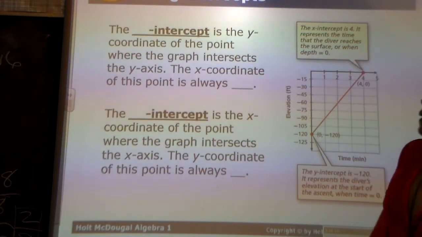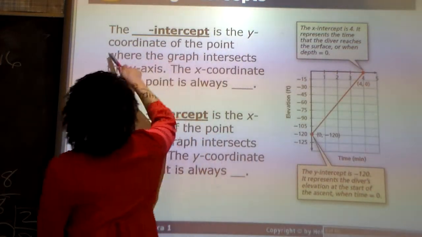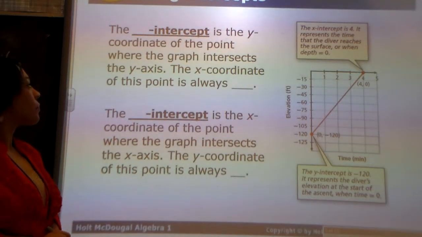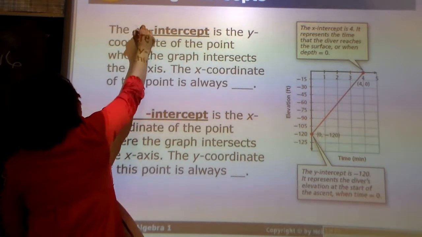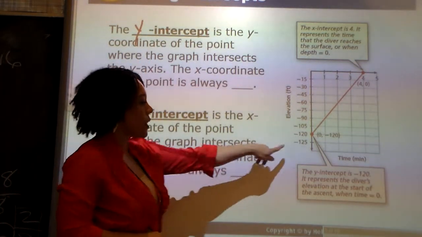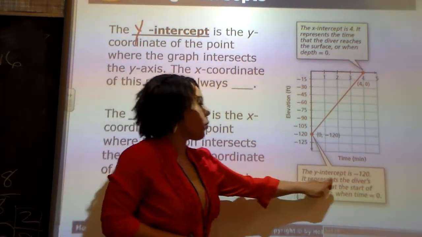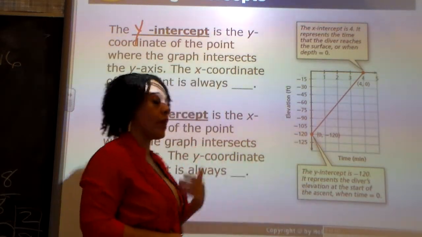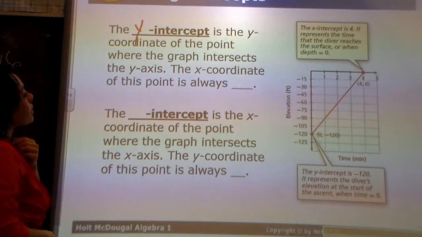Okay, moving on. The blank intercept is the y-coordinate of the point where the graph intersects the y-axis. So that's the y-intercept. That's what we were talking about right here. Here, the y-intercept is -20 because that's the number associated with that spot on the y-axis.